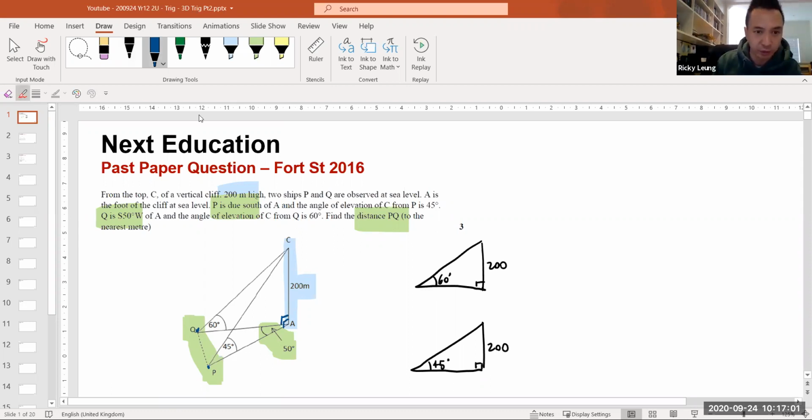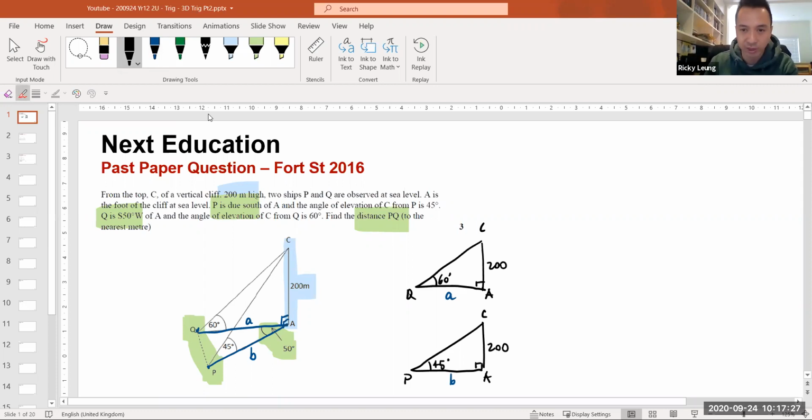A smart thing to do, if they don't give it to you in the diagram, is introduce your unknown variables. Technically I can use the sides that are given, like QA here and C and P here, but for my purpose, I'm just going to introduce A and B to make my life a little bit easier.